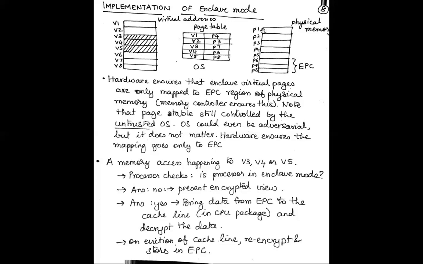Even the memory bus. So you have to think about a very powerful attacker in this case, right? You have to think about an attacker who is not just controlling, let's say, the operating system or the hypervisor. The cloud provider has access to the physical infrastructure as well.